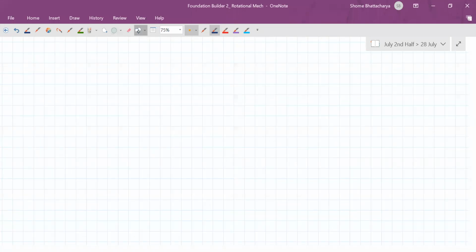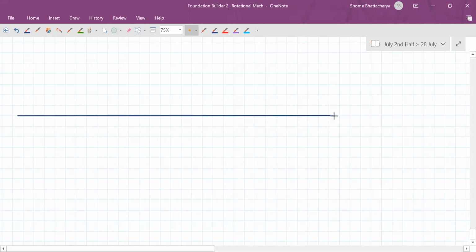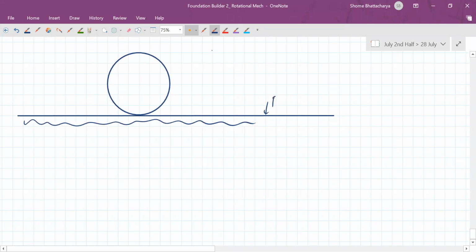So now let's look at an example where this situation of rolling is actually created because of friction on the ground. So friction prevents slipping by acting in such a way that it enables the rolling condition. So let's say this is a rough surface and this is a solid cylinder, mass m and radius r, initially at rest.